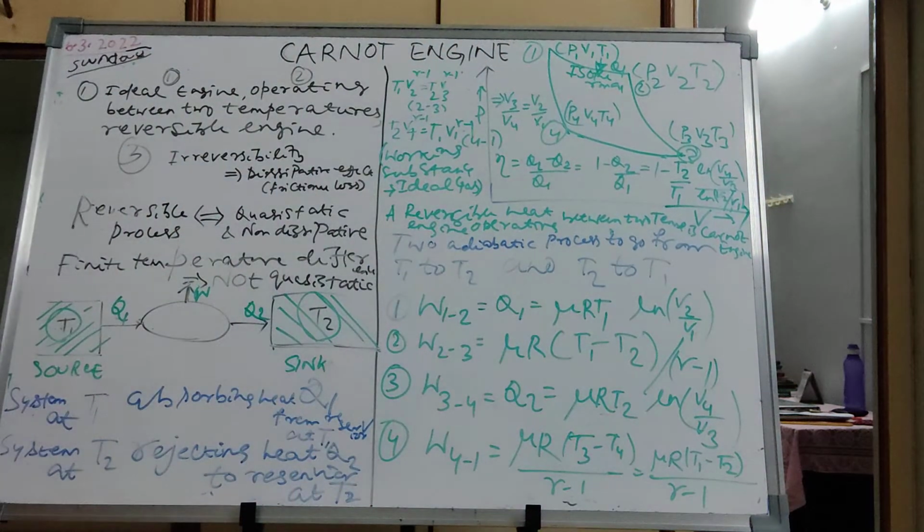In an isothermal process, there is heat transfer happening between the source and the ideal gas. The working substance here is an ideal gas. The heat transfer is happening isothermally. It means there cannot be any heat transfer if there is no temperature difference, right?